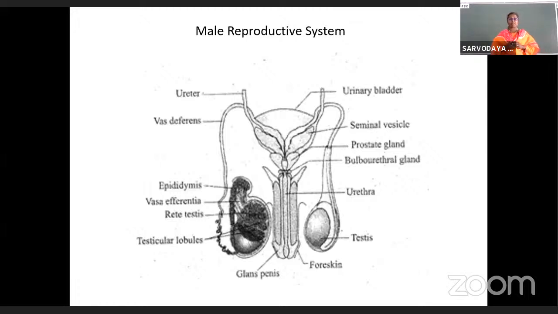So what are the four parts? Pair of testes, accessory ducts, accessory glands, and external genitalia.